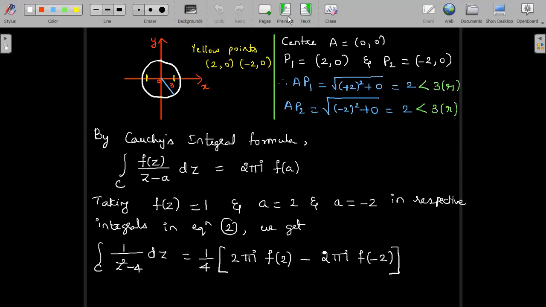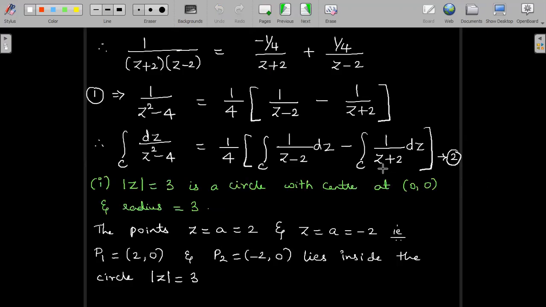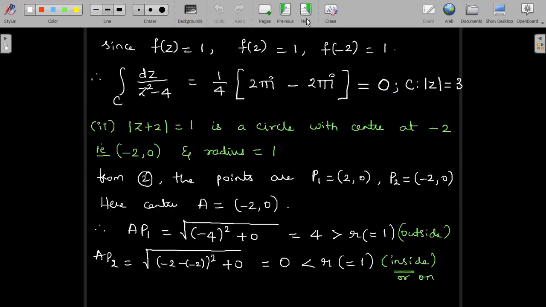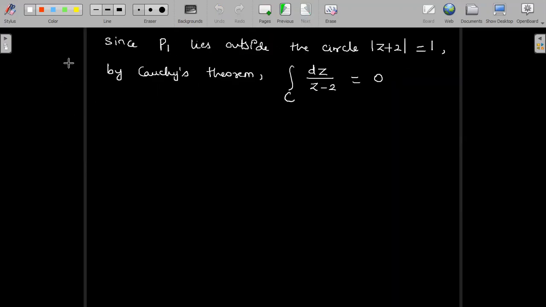Now coming to the second integral, that is the integral of 1 divided by z plus 2. For this we have to apply Cauchy's integral formula. Now for the second one, the point P2 lies inside the circle, mod z plus 2 is equal to 1.